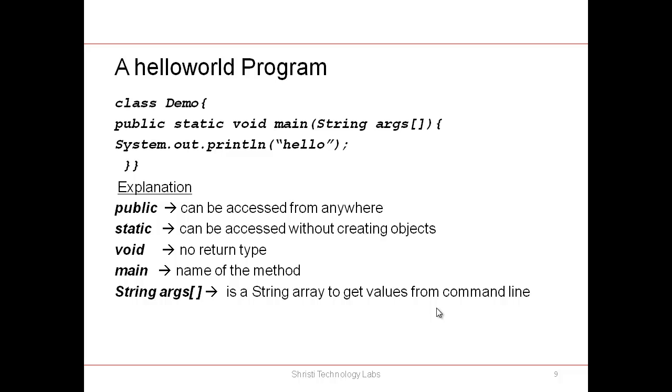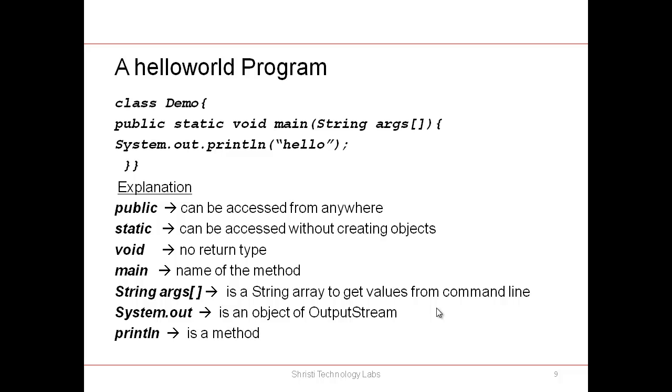The compiler will compile the class, but the JVM will not run this program because this method is not available. Next, System.out. This is an object of output stream which helps to print the output to the console. Println is a method. It will print the value and move the cursor to the next line. That is why it is println.